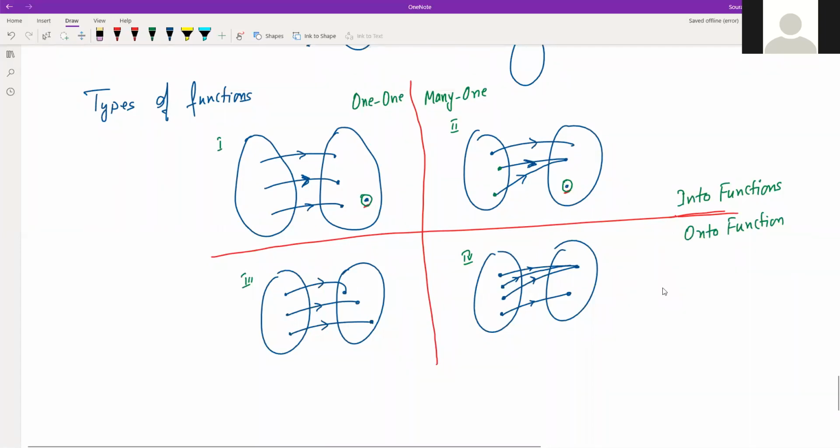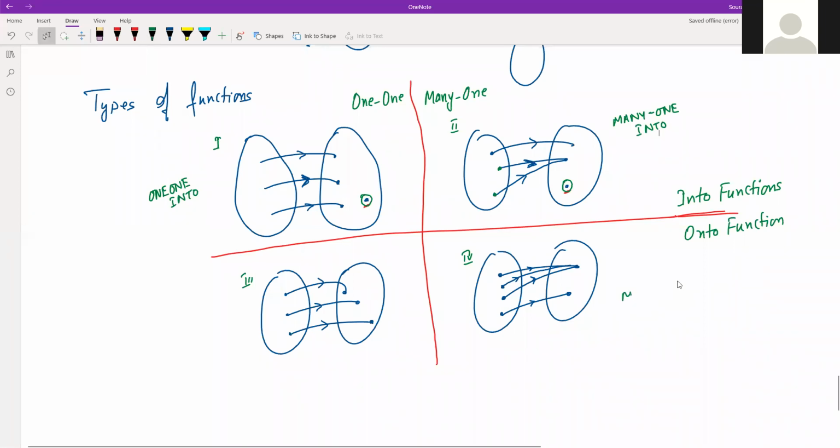combinations. So this first function which we see here is actually one-one into function. Same way, this is many to one into function.